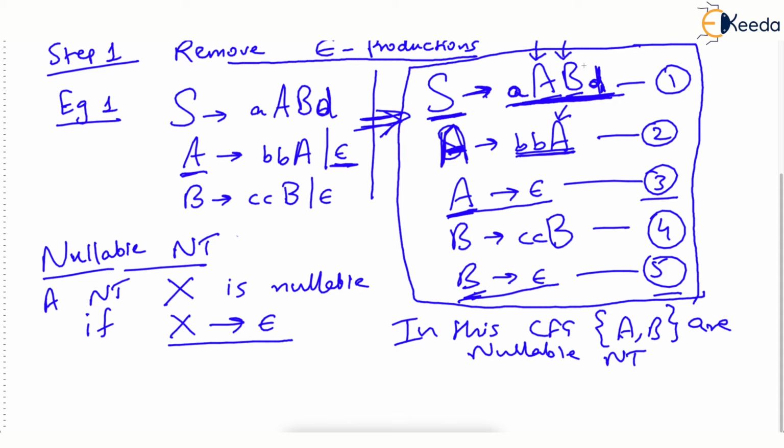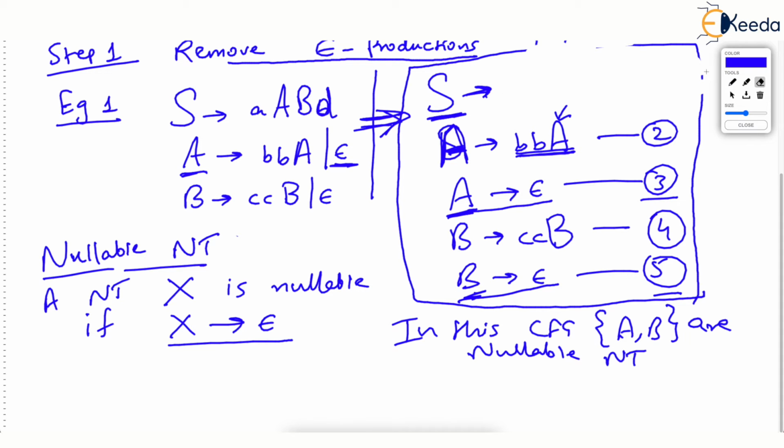The right hand side is A, capital B, then small d. Now what do you do with this production? Pay attention very well. I am rewriting this right hand side like this. First, I will write the same production as it is, A, B, D. That means I have written both the nullable non-terminals.